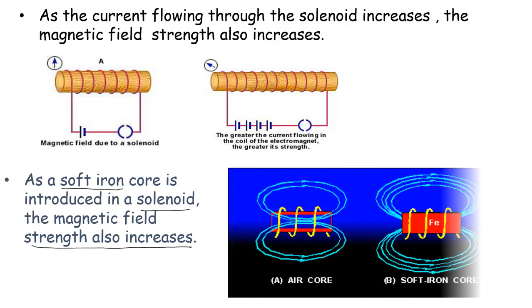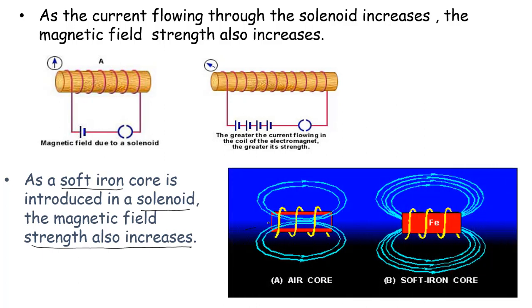Over here, this is a solenoid, and inside the solenoid initially it was air. You can see the number of magnetic field lines inside is only 4. But when a soft iron core is introduced, more magnetic field lines will pass through it.